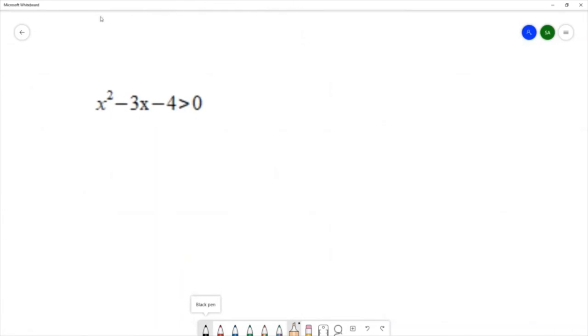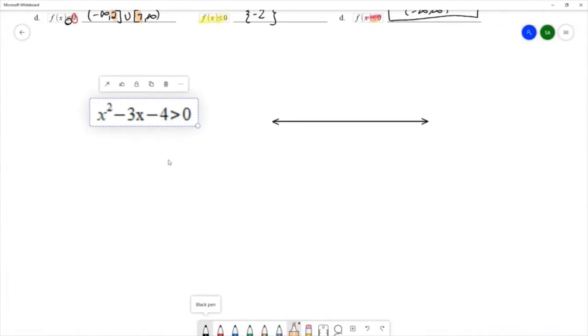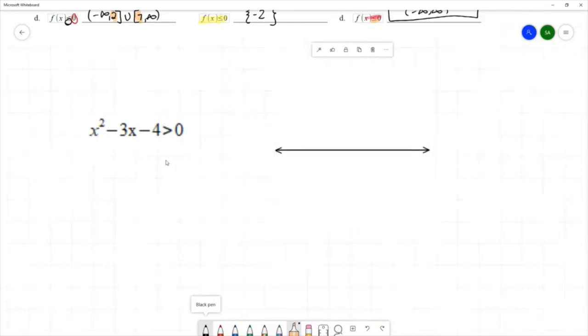So you might be given an inequality like this one here. x squared minus 3x minus 4 is greater than 0.